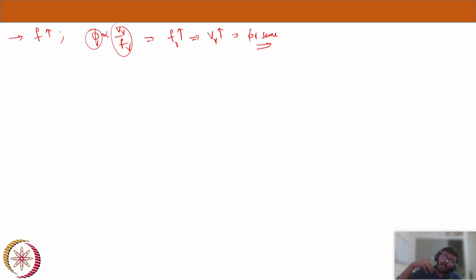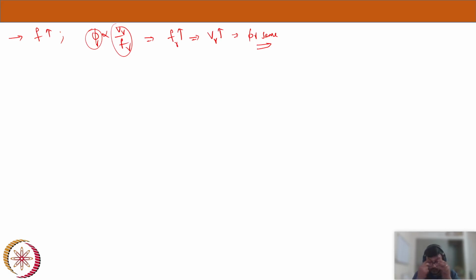If you keep applying more voltage beyond the rated voltage, your insulation might burn. So just because you have the provision to go beyond rated, it is not allowed, because my insulation might burn.